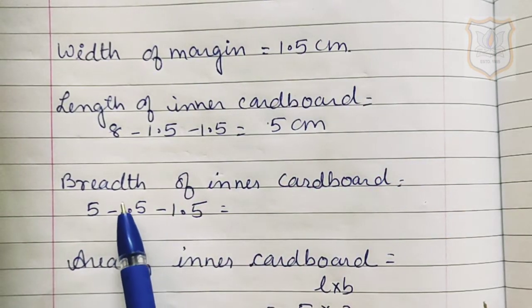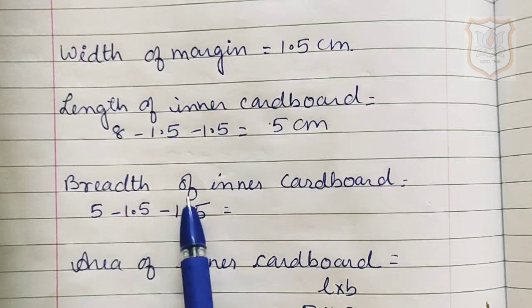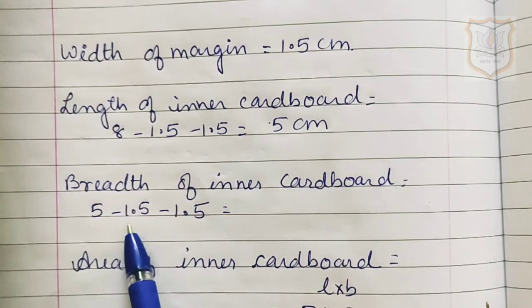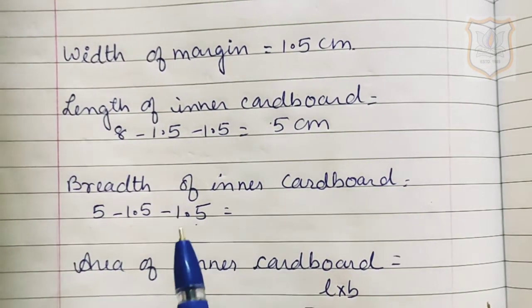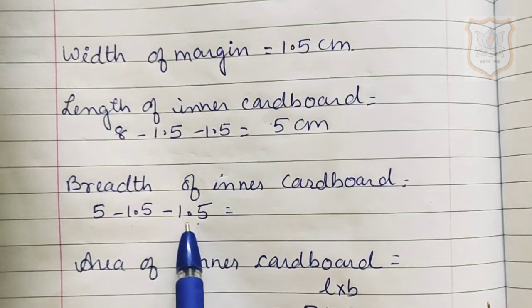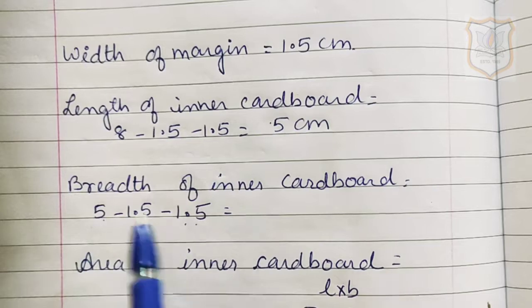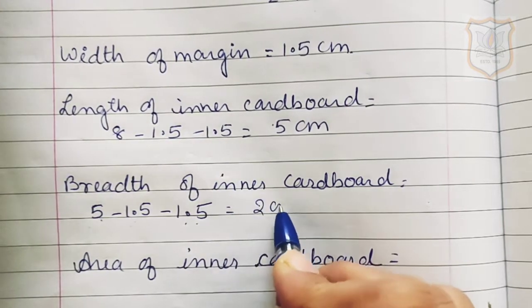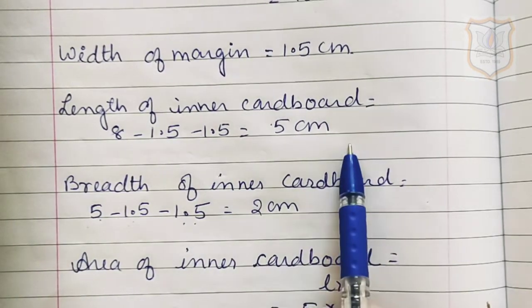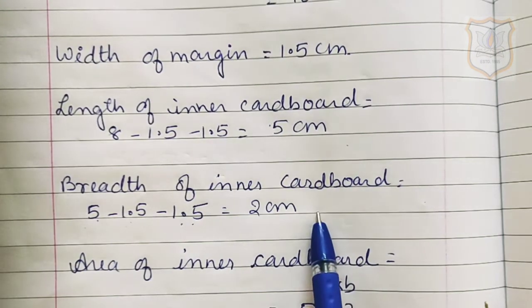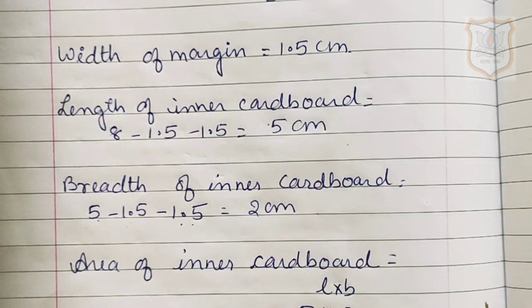Then we will find out the breadth of the inner cardboard. Breadth of the inner cardboard is equal to 5 minus 1.5 minus 1.5. Students, 1.5 plus 1.5 is 3 centimeter, and 5 centimeter minus 3 centimeter will be 2 centimeter. So the length of inner cardboard is 5 centimeter and breadth of inner cardboard is 2 centimeter.